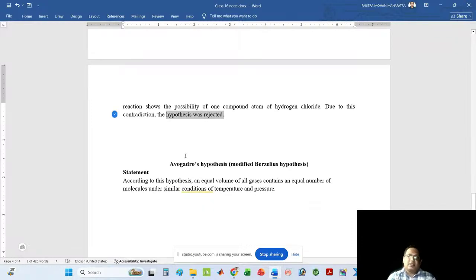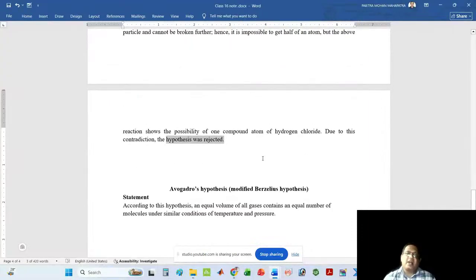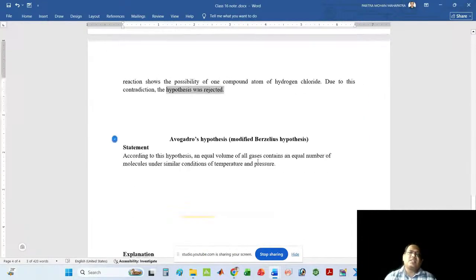After the rejection of Bernoulli's hypothesis, another hypothesis is proposed, called Avogadro's hypothesis, or also called modified Bernoulli's hypothesis. Both Avogadro's hypothesis and Bernoulli's hypothesis are the same.